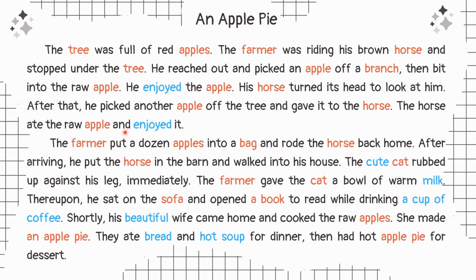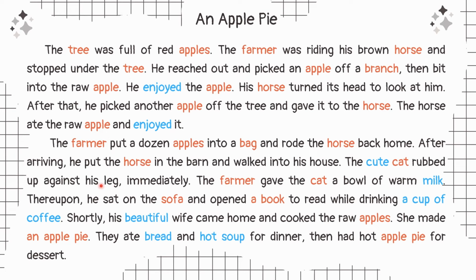And then for the next paragraph, we have the farmer. Farmer is countable. Put a dozen apples, apples is countable, into a bag. Bag is also countable. And rode the horse. Horse, countable noun, back home.